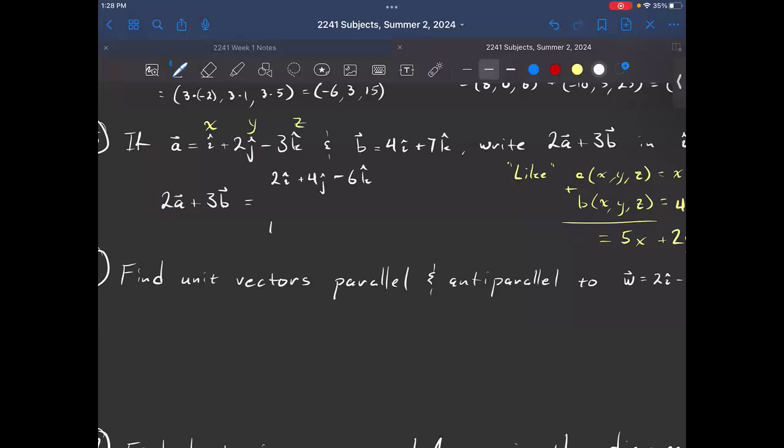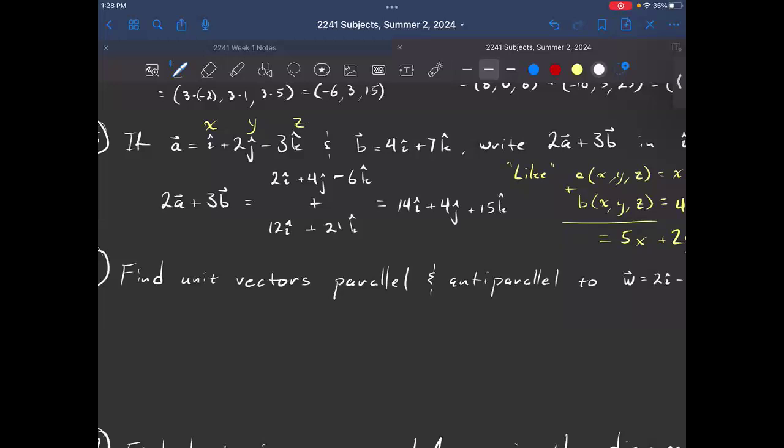So we want 12i plus 21k. And when we add those together, we get 2 plus 12 is 14, plus 4j, and then 21 minus 6 is 15.